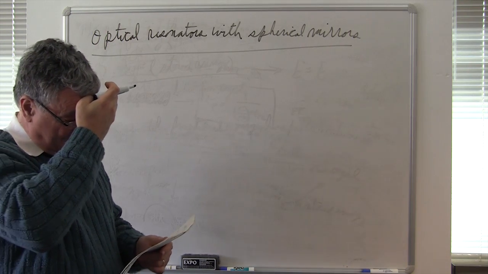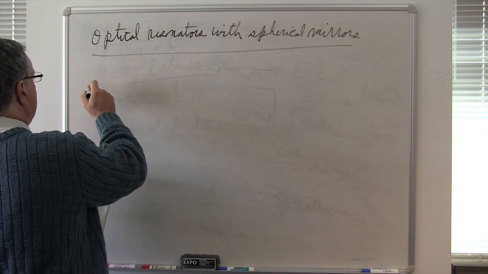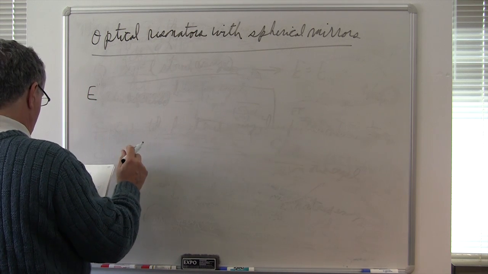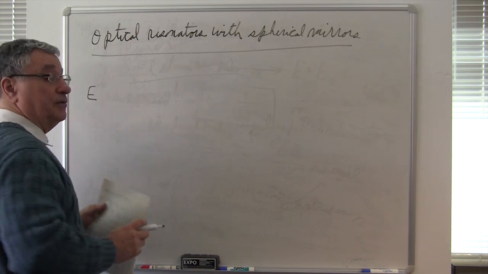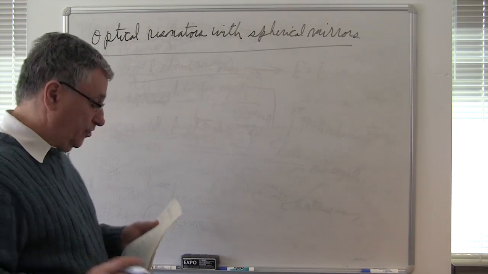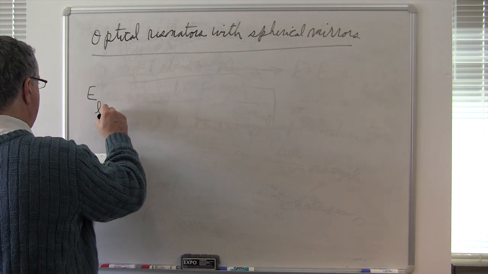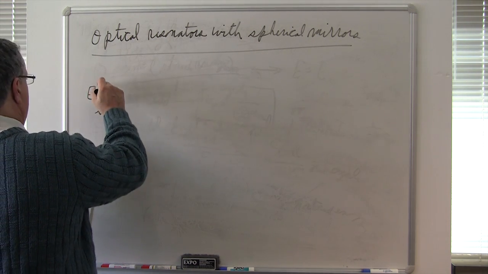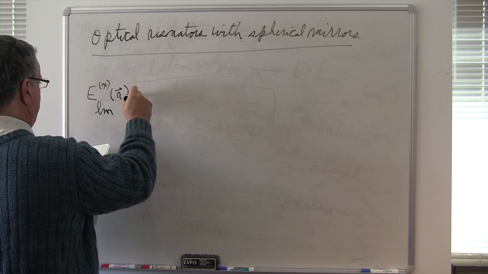I just want to remind you what the electric field looks like for a Gaussian beam. You get E for both L and M, the x components, and how it varies with r.